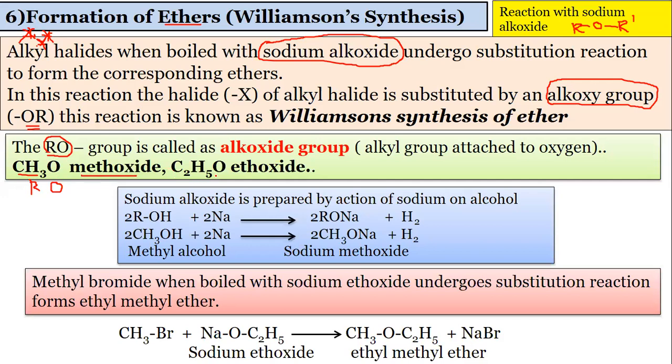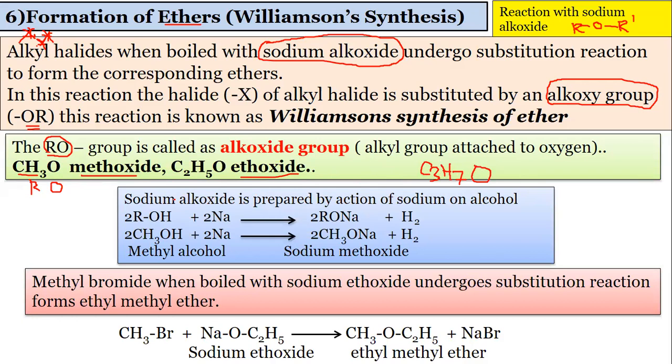When the C2H5 group is attached to oxygen, it is called ethoxide. When the C3H7 group, the propyl group, is attached to oxygen, it is called propoxide. So it is methoxide, this is ethoxide, and this is propoxide, like this.